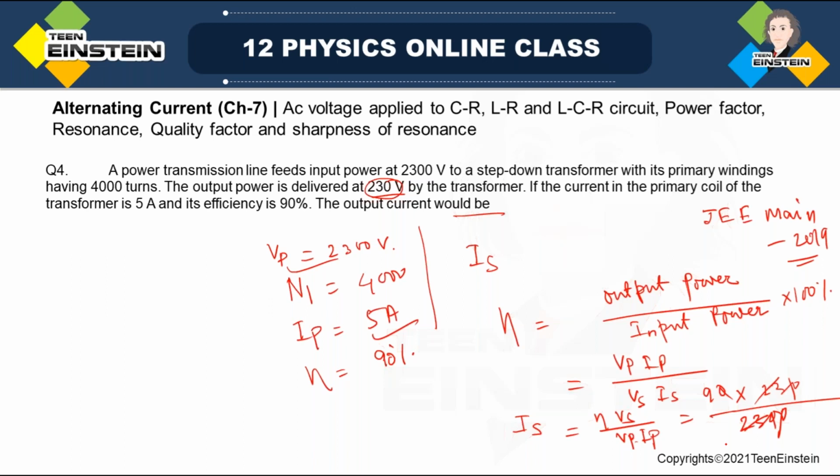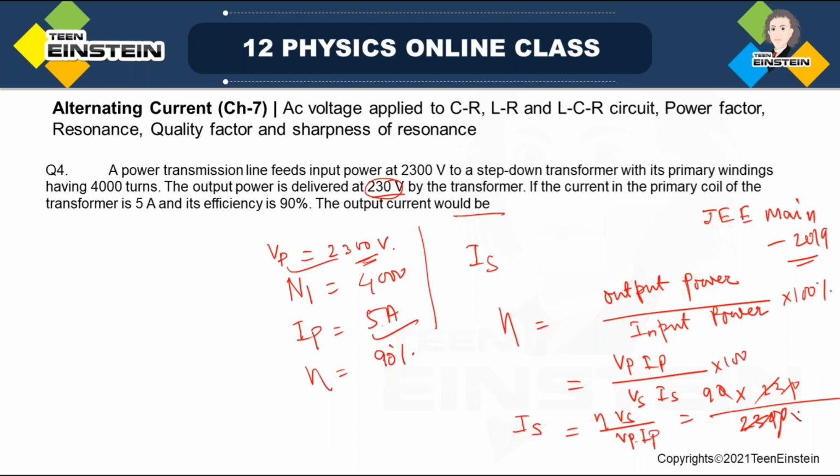So there would be 100 also here. IP, VP, IP was given, VP was this much voltage.